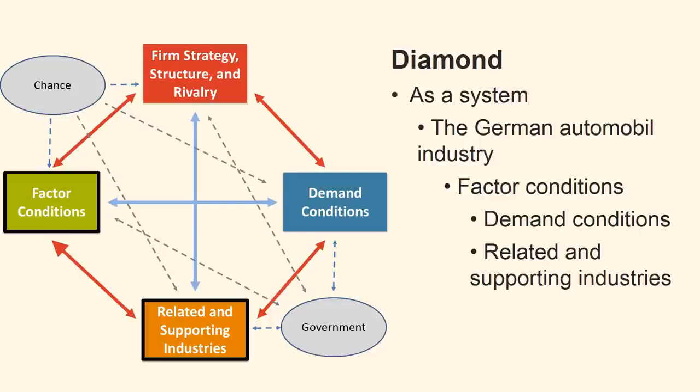The pool of factors and rate at which they are created are also shaped by the presence of related and supporting industries. The automobile industry is supported by companies such as Bosch, Siemens, and the IT company SAP. These companies belong to industries that possess or stimulate their own mechanisms for creating and upgrading specialized factors.